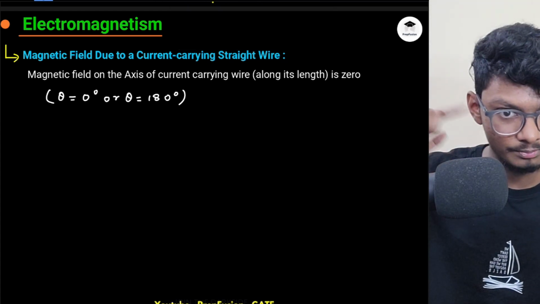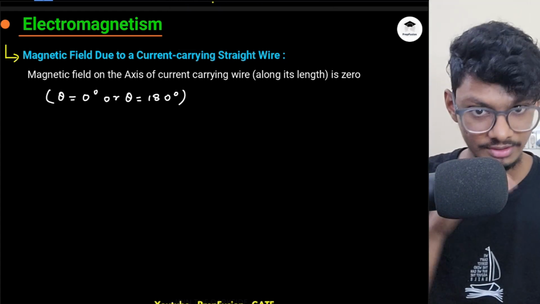So in short, the summary of this is, I told you that the magnetic field gets produced if the perpendicular component of current is present.